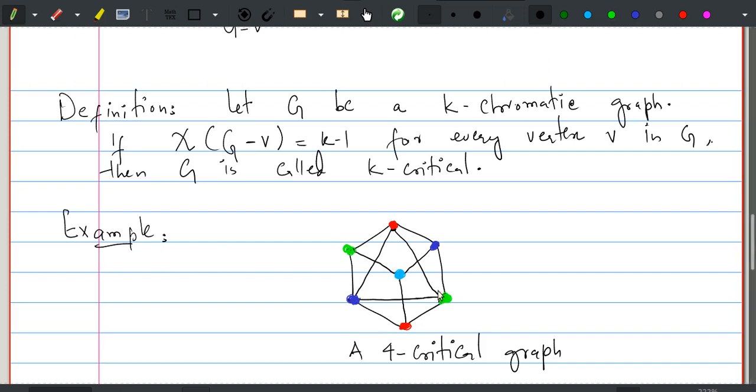Now if we remove any vertex here, its chromatic number should be equal to 3. If we remove this vertex, one can observe we are left with 3 colors, red, blue and green. Now let us remove this vertex here. We'll draw this graph again.